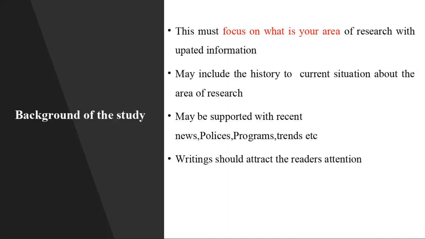First, we'll see what content we have to include under the background of the study. This background mainly focuses on your area of research, and this area has to be given with updated information. What is the area you have selected for your research process, to complete your dissertation, or to find the answers for your research questions?